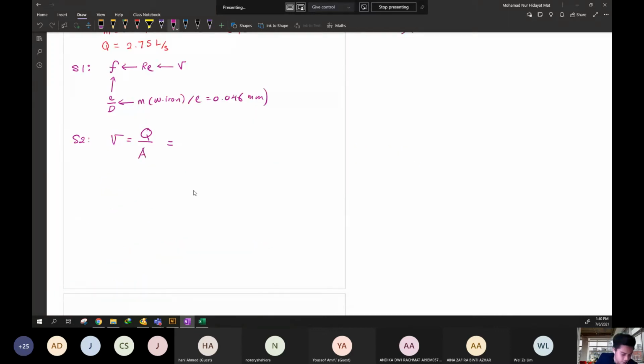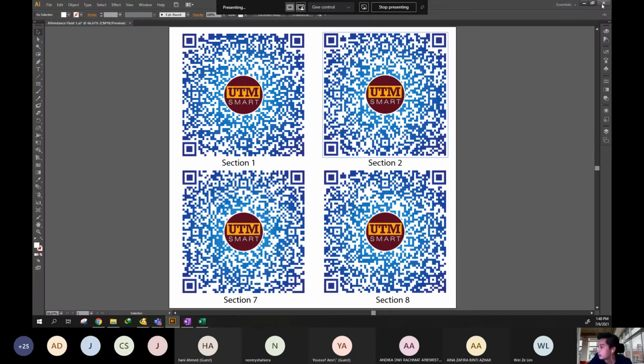So now the flow rate is in liter per second. You need to convert into meter cube per second, so you need to divide by 1000. So 2.75 liter per second divided by 1000, which is 10 to the power of negative 3.